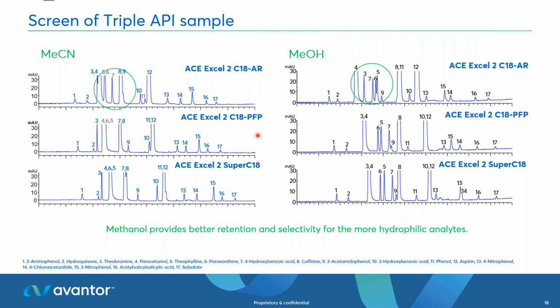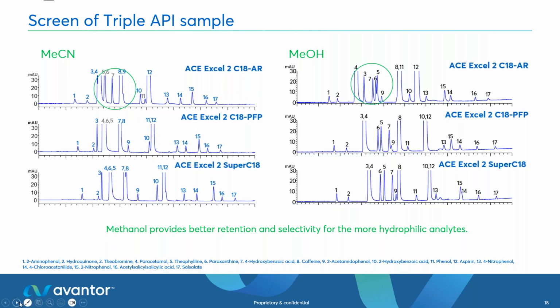And if you add in column chemistry as a factor, you get even more differences and a wider selectivity space to explore. In this case, we saw that methanol provided better retention and selectivity, specifically for these earlier eluters, the more hydrophilic analytes, but it's dependent on what your mixture is. Sometimes acetonitrile will be way better than methanol.